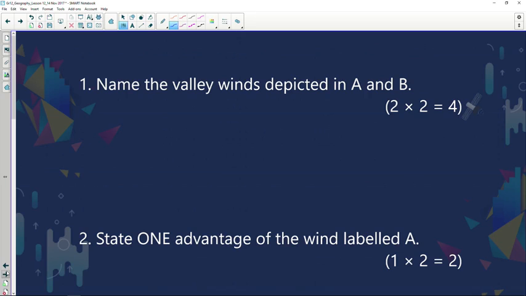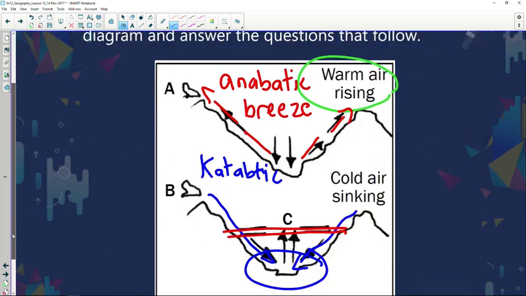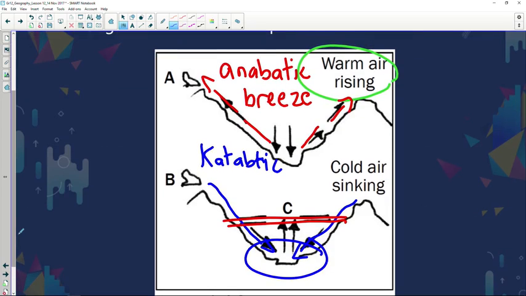Name the valley winds depicted in A and B. A, as you can see, is warm air rising, so it's definitely anabatic breezes, happens during daytime. And B is cold air sinking, usually happen during nighttime. As you can see, the warm air has been uplifted, a thermal belt or inversion layer has been created.